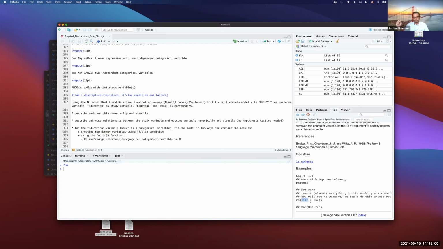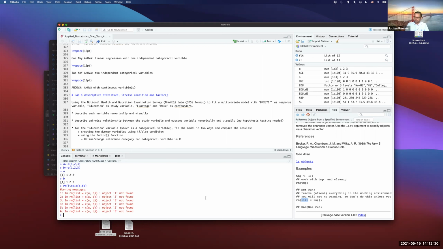So if I make a equals c(1, 2, 3) and b equals c(1, 2, 3), now I have a and b as objects in here, small little vectors. If I do rm(list = c(a, b))... object not found.